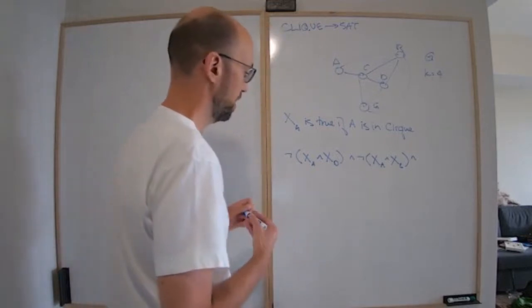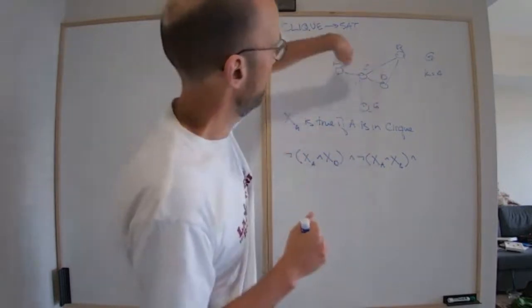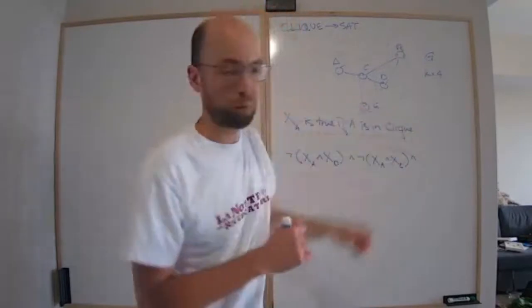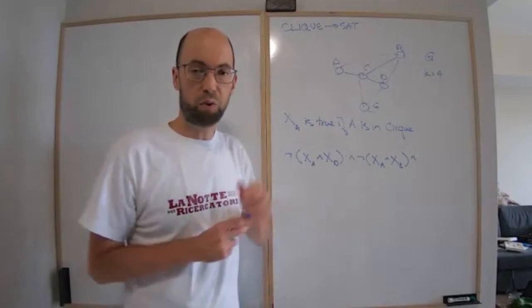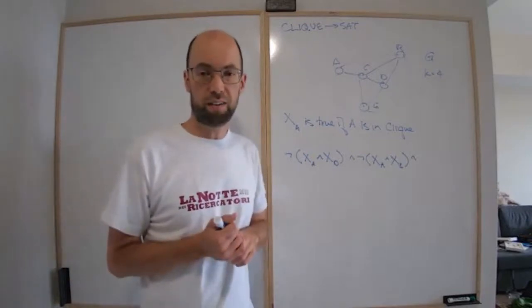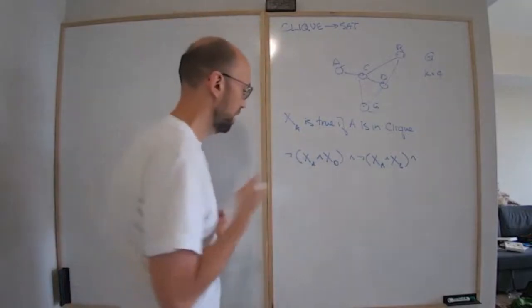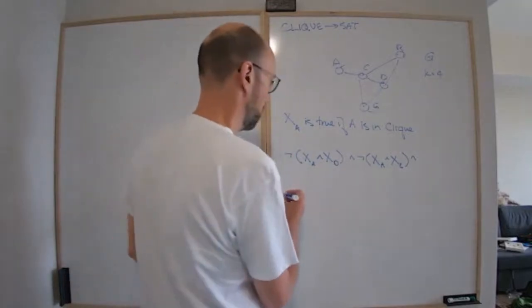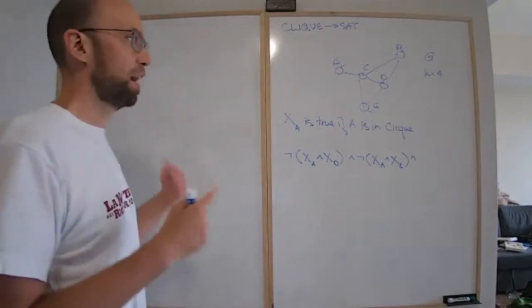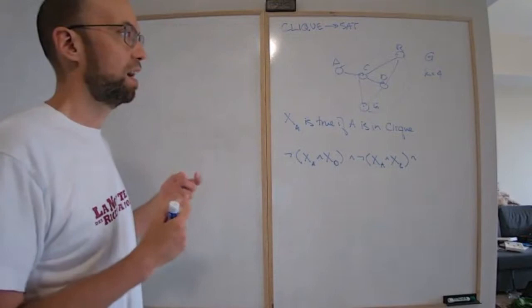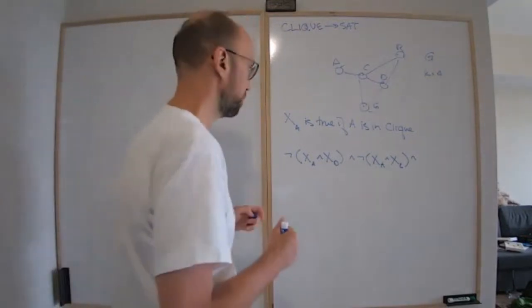What you're going to say is you want to write a formula that says 4 of these variables are true, meaning that at least 4 of your vertices are in the clique. So what you have is a new vertex, say Y, and Y keeps a count of how many vertices you have up to a certain point.